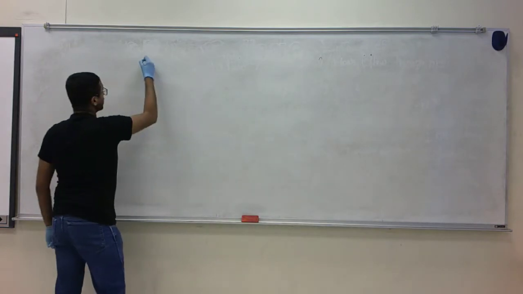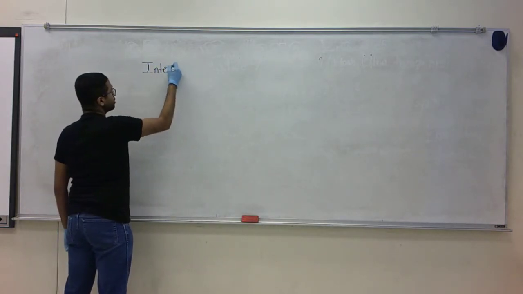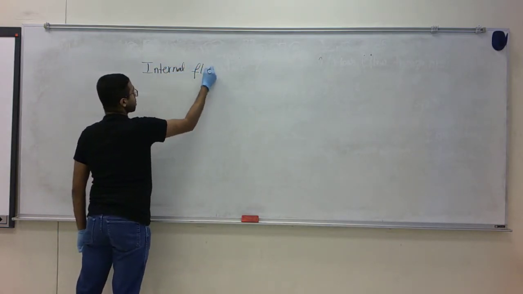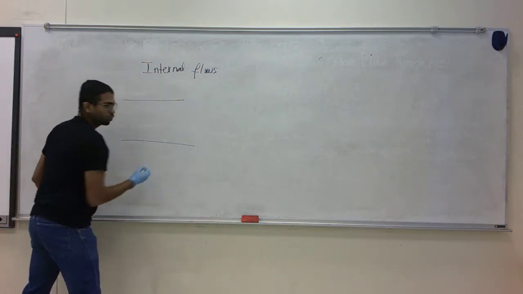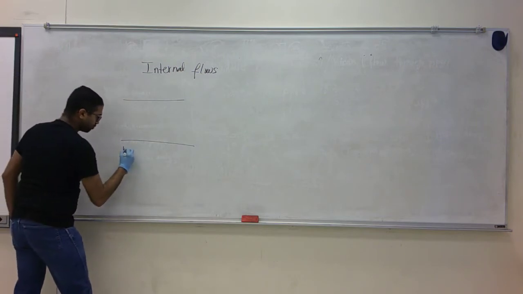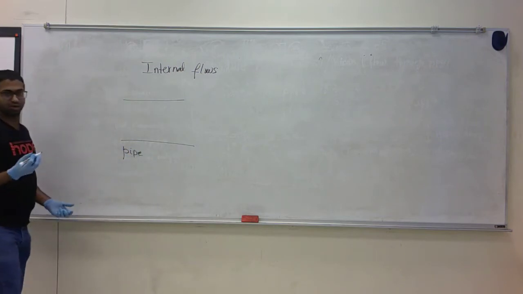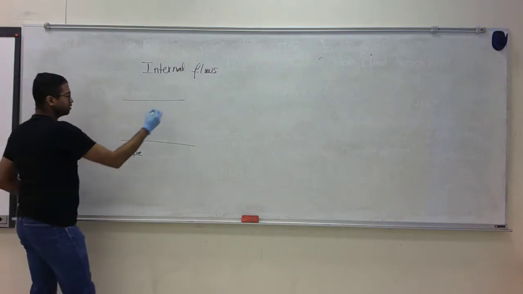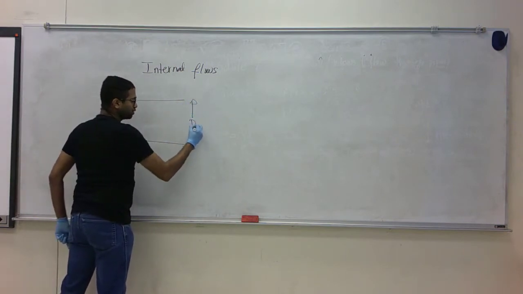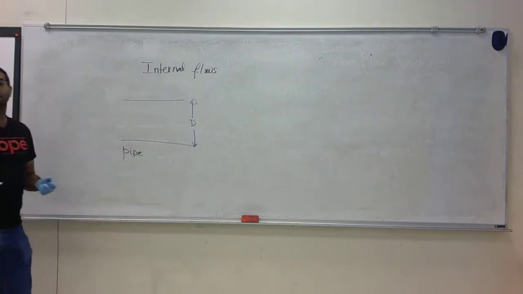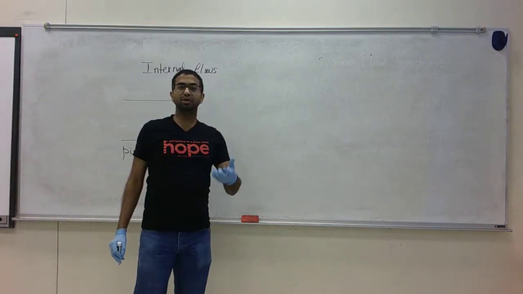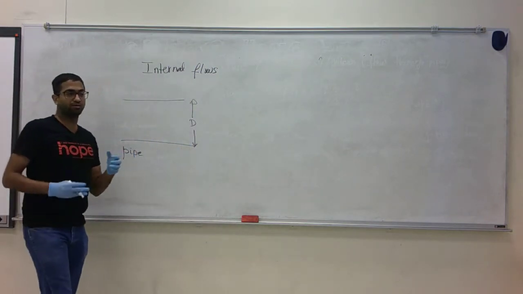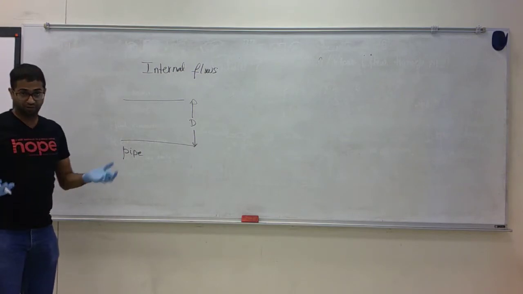What is common about internal flows, or why do we call them internal flows? Most often they go through some kind of a pipe. The term is colloquial. A pipe's diameter is the most important attribute, and the pipe's diameter could be as small as a few micrometers. It could be a centimeter, millimeter, inch, feet, or even several feet.